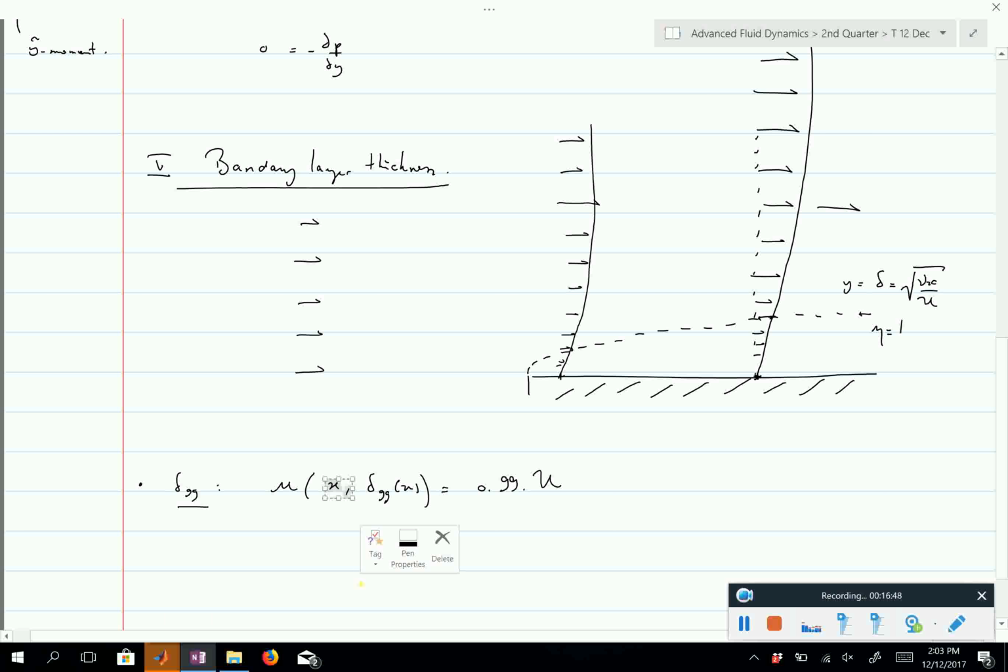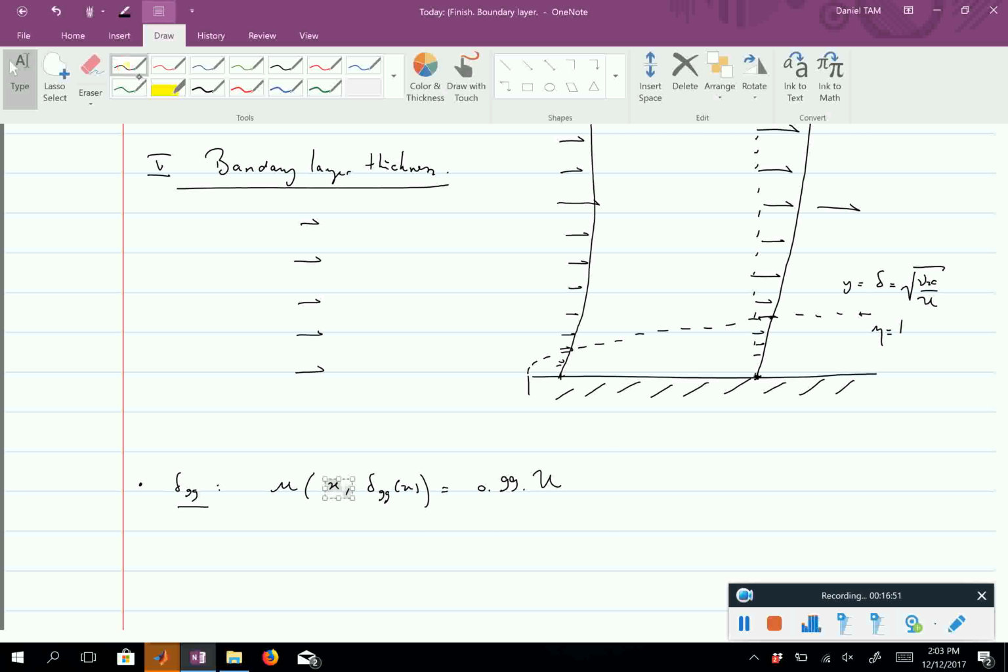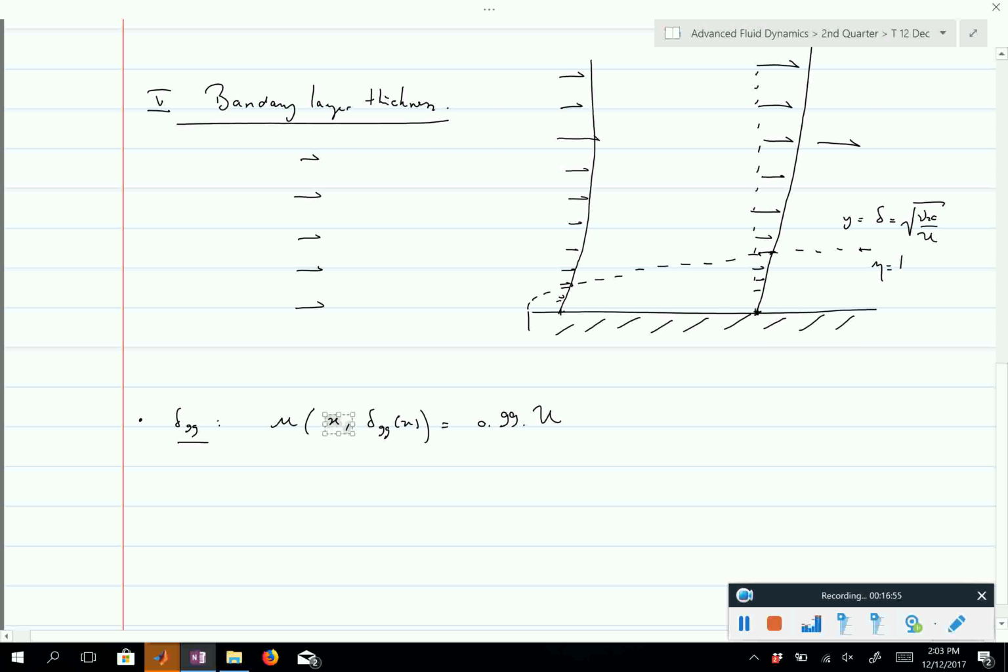So for the Blasius boundary layer, for the Blasius solution, so this is again flow on top of a flat plate, then delta 99 at x is equal to 4.92 times delta at x, right?